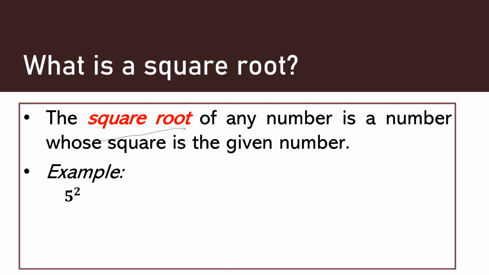We have here an expression 5 raised to 2, or it is read as 5 squared. We call this number down here the base, and this number on top is called the exponent. It means that we multiply our base by itself based on the exponent.